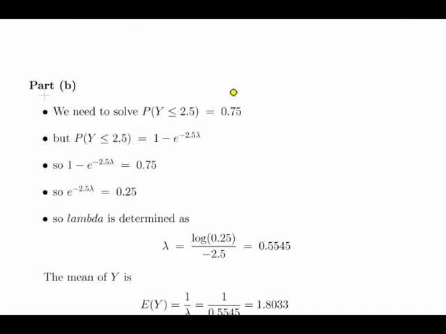All right, so the second part is we have a probability distribution called Y, and it's an exponential distribution with parameter lambda. What we have to do is figure out what lambda is. What we're told is that 75% of the observations are less than or equal to 2.5.